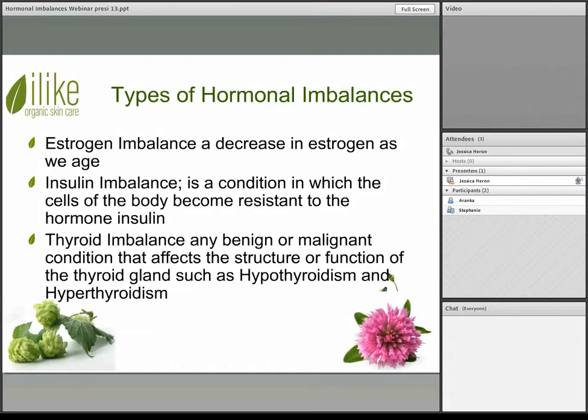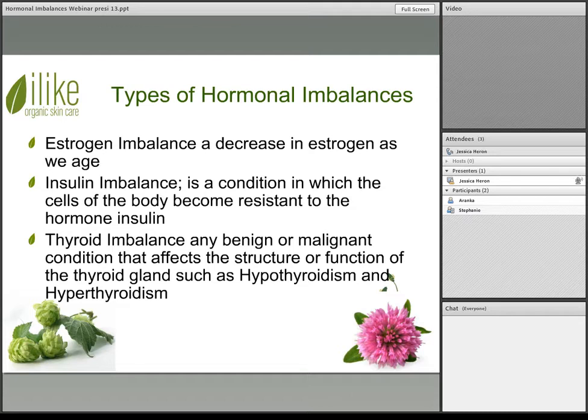There's also thyroid imbalance. Thyroid imbalance is any benign or malignant condition that affects the structure or function of the thyroid gland, such as hypothyroidism and hyperthyroidism. Thyroid gland hormones can affect food metabolism as well. They also affect mood and can also affect your sex drive or sexual function.